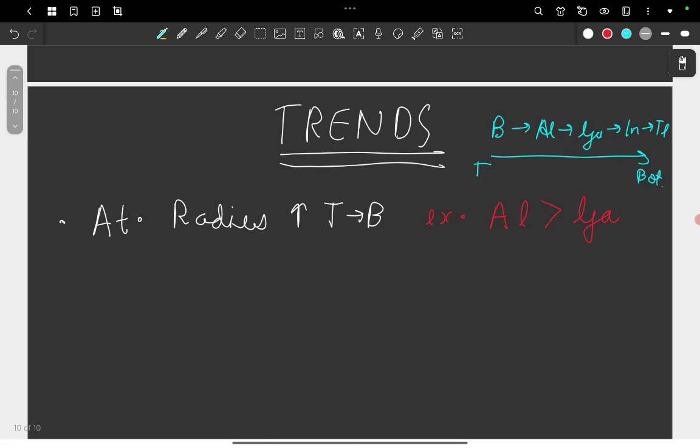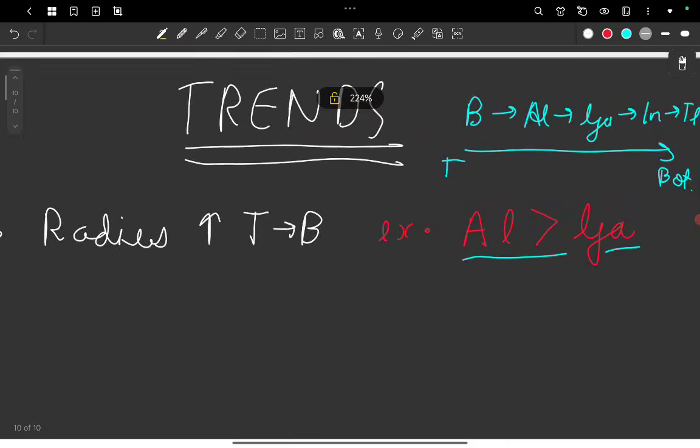Okay, now we expected the radius to increase continuously from boron to thallium, but this is the only exception, that aluminium is greater than gallium, but we expected aluminium to be smaller than gallium. Now what is the reason for this exception?